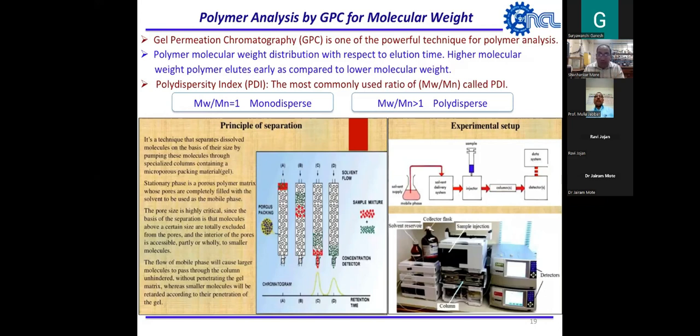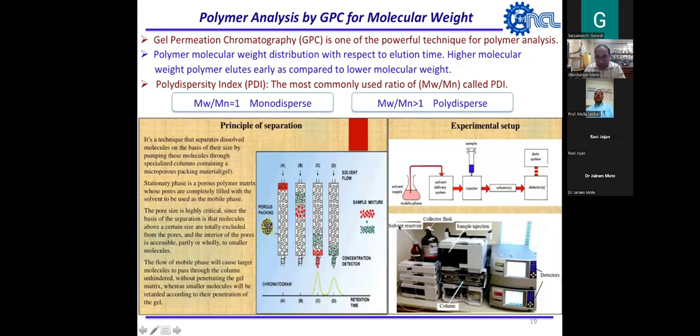Man-made polymers have a polydispersity index of more than 1. So let us see how the analysis technique goes and how you can analyze particular polymers. I will show this experimental setup. Here this is the mobile phase solvent which is supplied to the delivery, and this is the injector where you can put your sample, and then it passes through the column, then it goes to the detector which detects the signals and you can get the data.